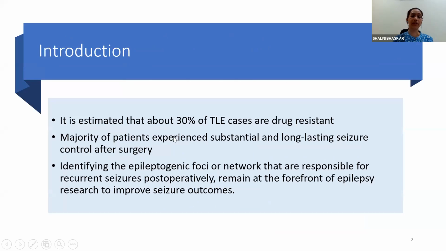It is estimated that about 30% of TLE cases are drug resistant. The majority of patients experience substantial and long-lasting seizure control after surgery. Identifying the epileptogenic foci or networks responsible for recurrent seizures post-operatively remains at the forefront of epilepsy research to improve seizure outcomes.